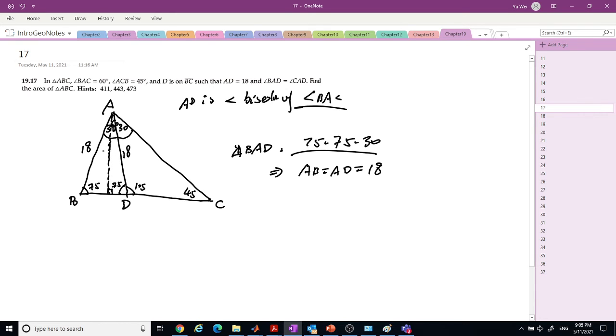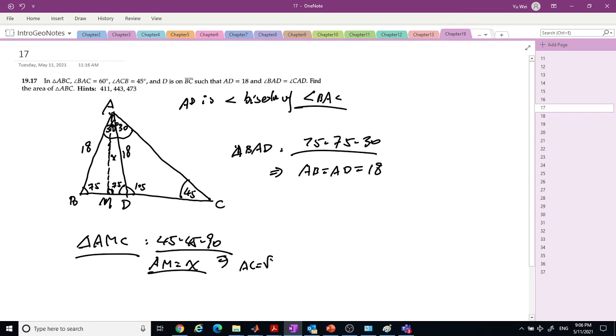So if this is the x, right? So this one is the M. So the triangle AMC, right? You have 45 degrees, you have 90 degrees, so it's 45, 45, 90 degrees, right? And the AM equals the x, right? So now we know the AC is root 2x.